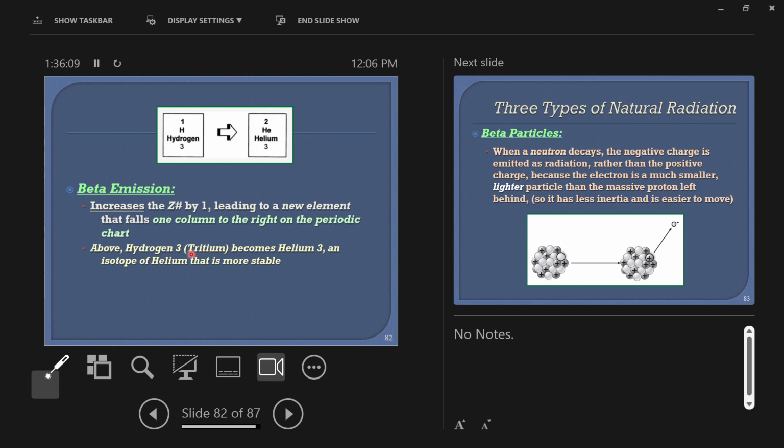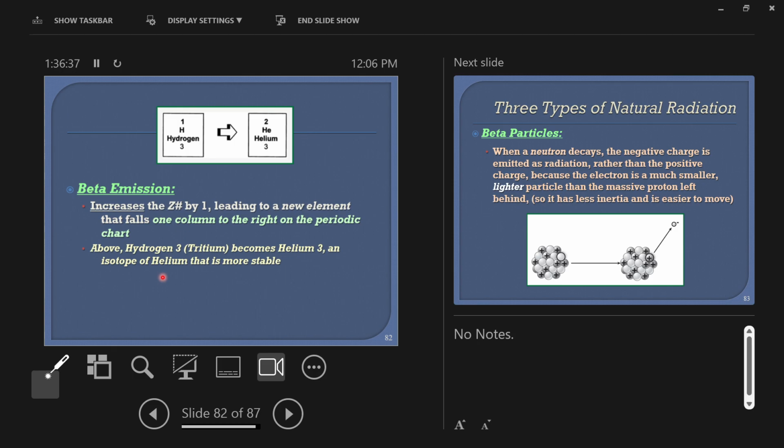That happens because tritium's unstable, so it becomes helium-3. Helium-3 is just telling us we have helium plus one more thing, and that's a neutron. And that's more stable. One thing to remember is that atoms always want to get to their ground state, their most stable state. If the most stable state is going from tritium to helium-3, then that's the way it'll go.